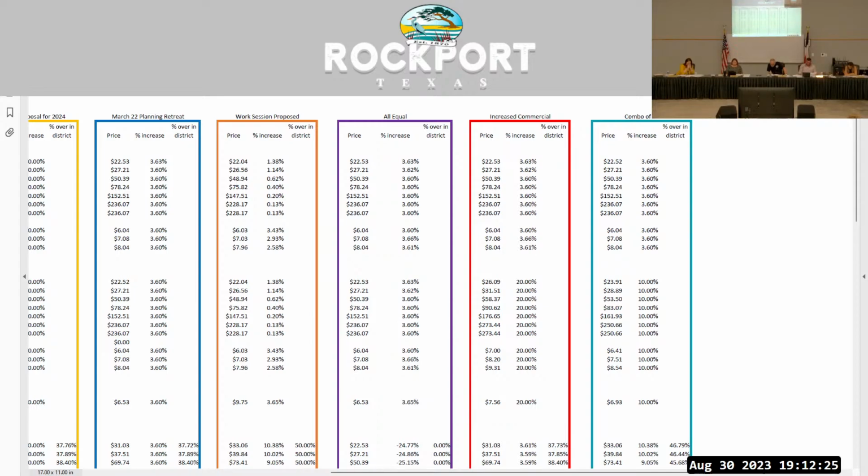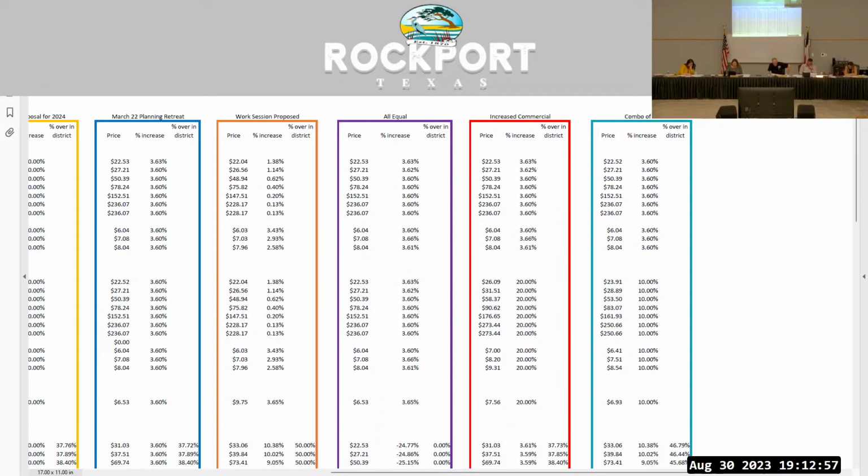If we go back to the new gen or the planning retreat, the planning retreat numbers gave us the best outcome, which was a 16.2% increase across the board. What I recall from the work session was our intent was to keep the rates as low as possible for our residents.